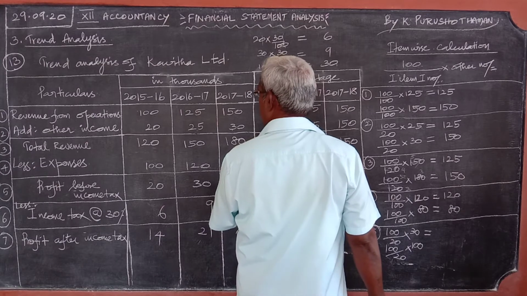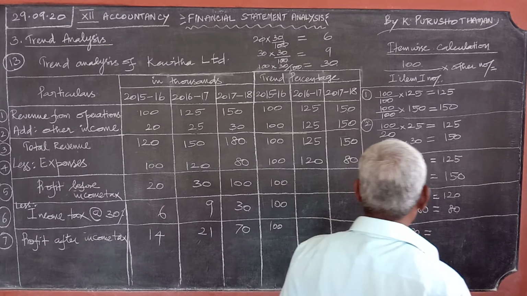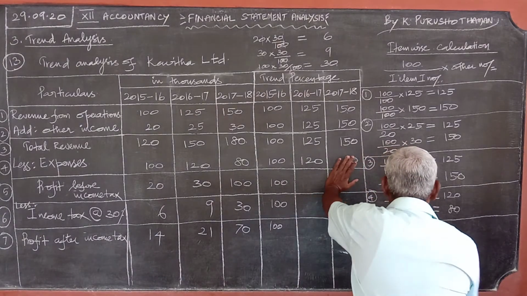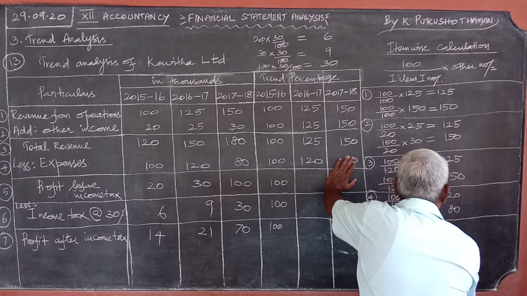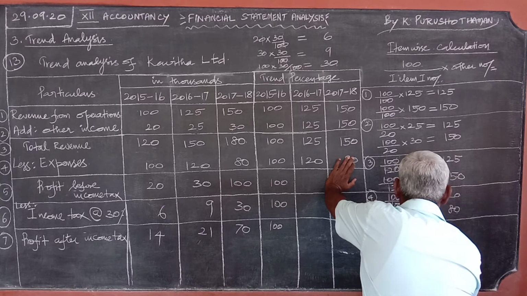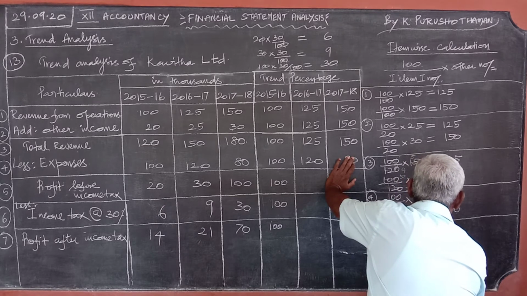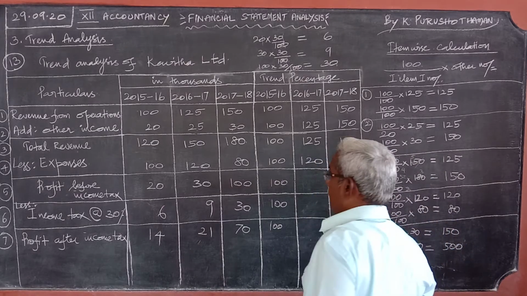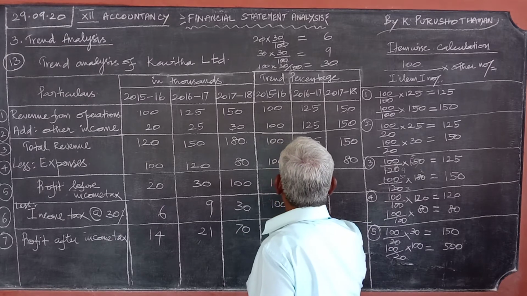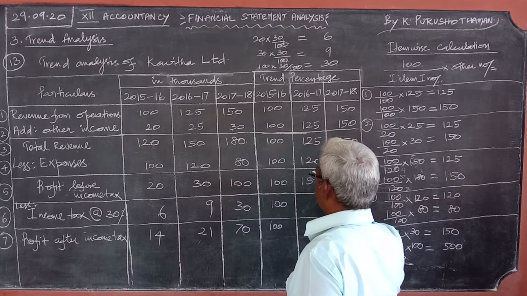This one is our profit before income tax. If you simplify, 5 into 30, 150. Here, 5 into 100, 500. So profit before tax: 150, 500.